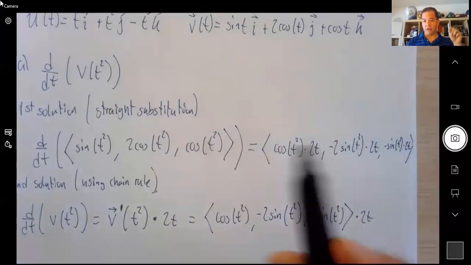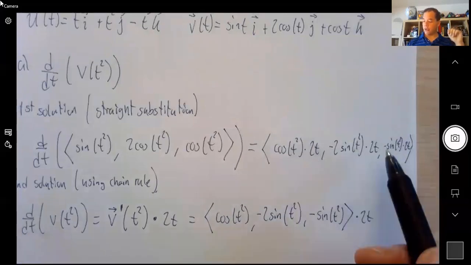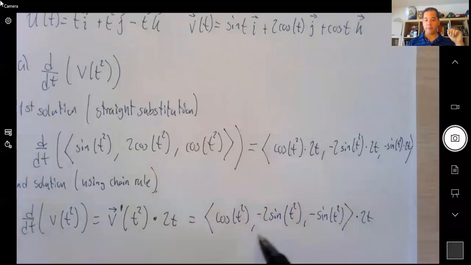Here, here, and here. Or would you rather do it only once? But then you later have to multiply by each one of the components if you wanted to, because you can leave it like this, right? There's nothing wrong with leaving your answer like this. So it's up to you. There is no better way. Both of them work correctly, and they both more or less require the same amount of effort.